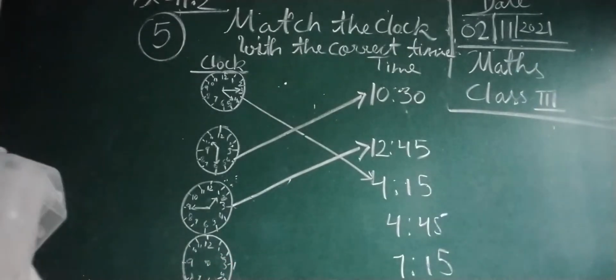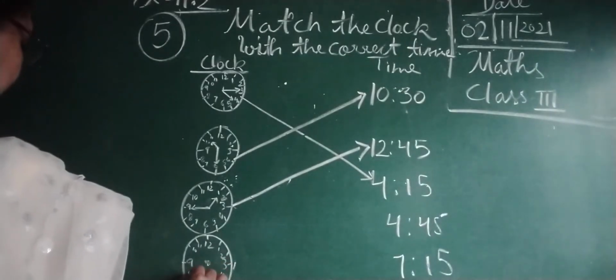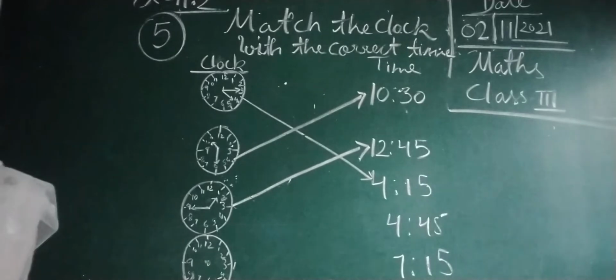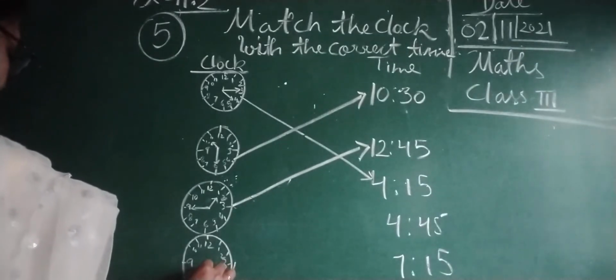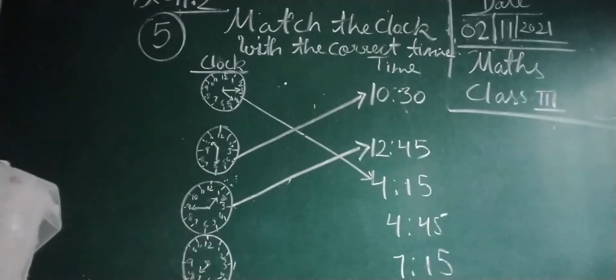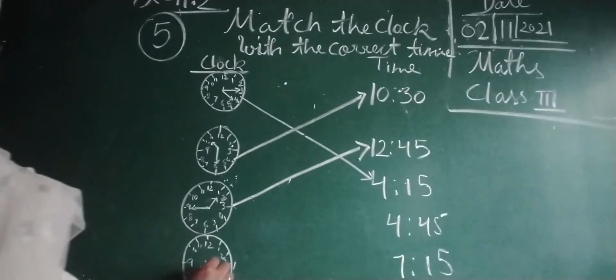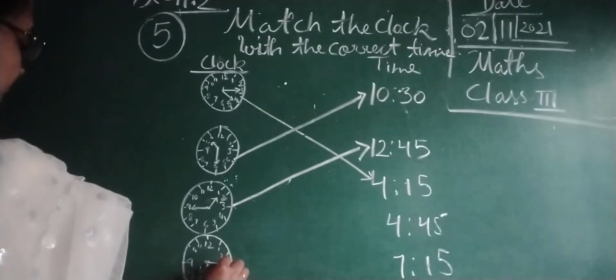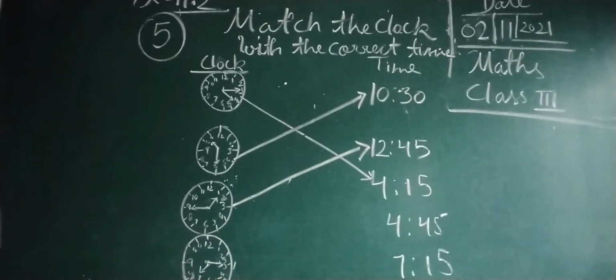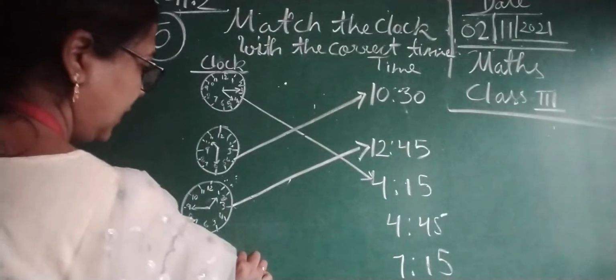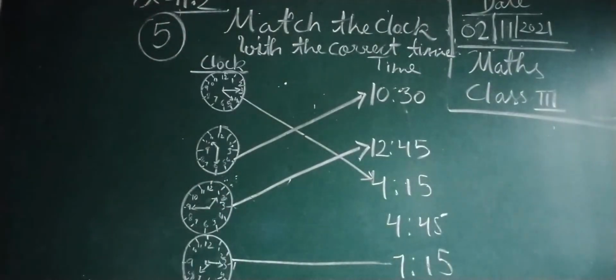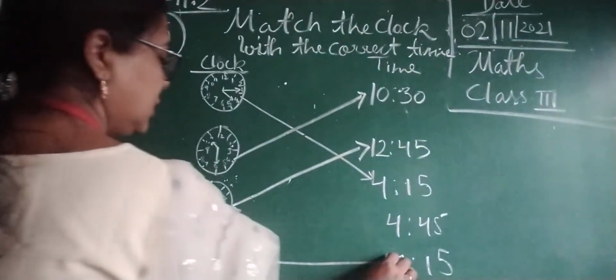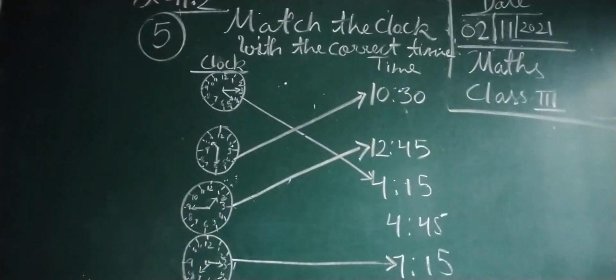Now children, here you can see the hour hand is in between 7 and 8, okay, and our minute hand is at 3. It means it's quarter past 7, it means it is 7:15. Okay, it is quarter past 7, so this is 7:15.